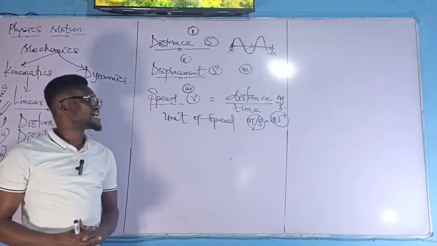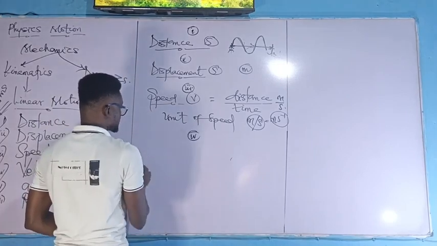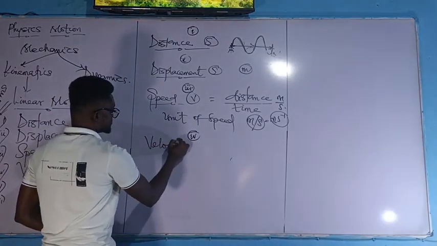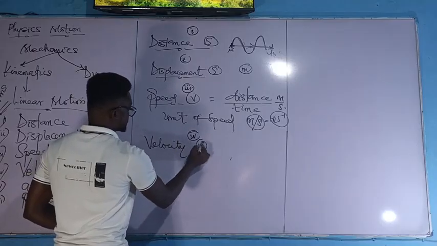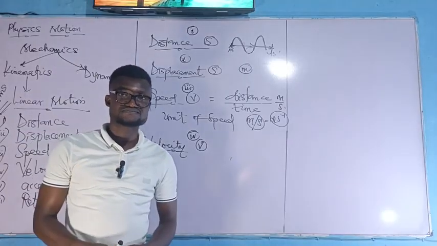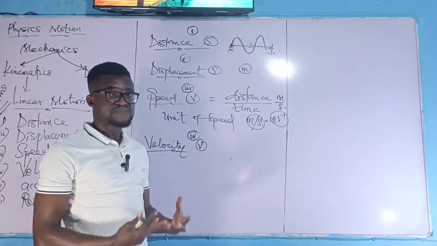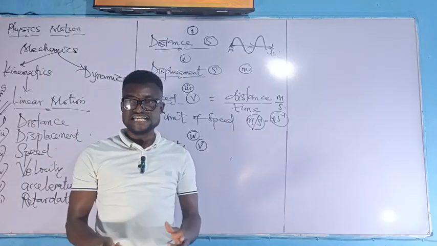The next term there is velocity. Now, what's velocity? Velocity is a displacement per unit time.